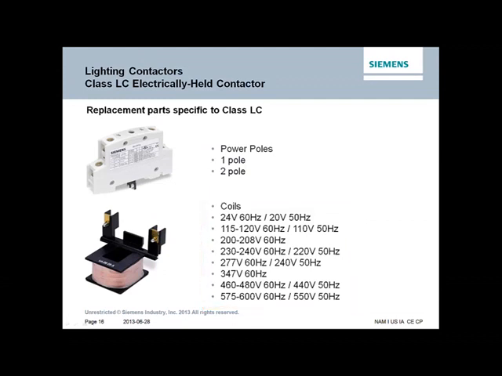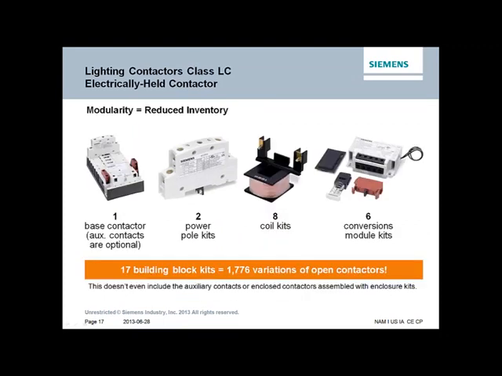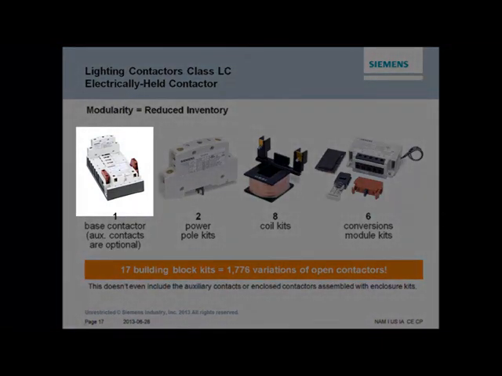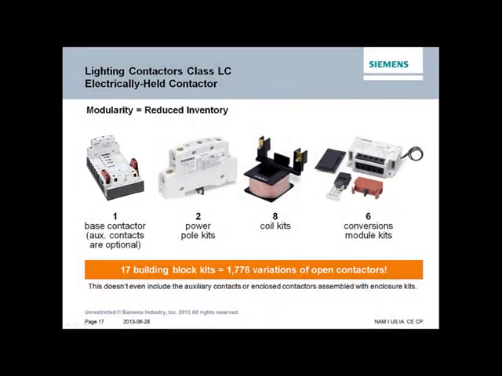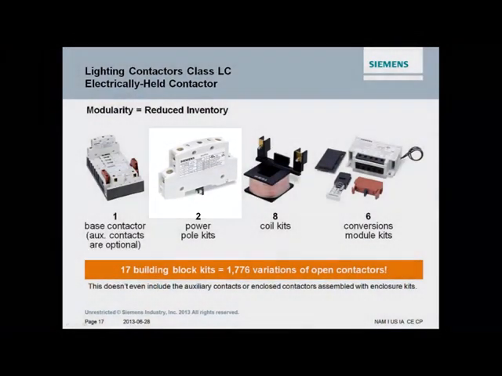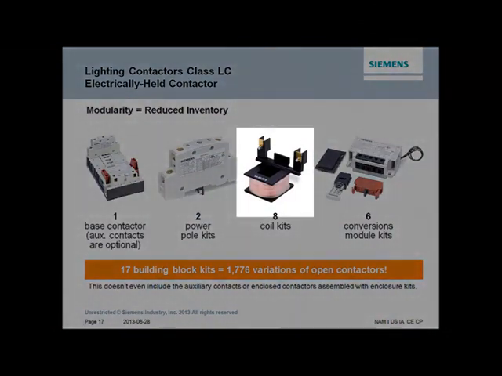One of the strengths of the LC contactor is it is so highly modular, it helps to greatly reduce inventory. So let's imagine that we stocked one base contactor and we stocked the 2 power pole kits, the single pole and double pole. We stock the 8 coil kits ranging from 24 volts up to 600 volts.